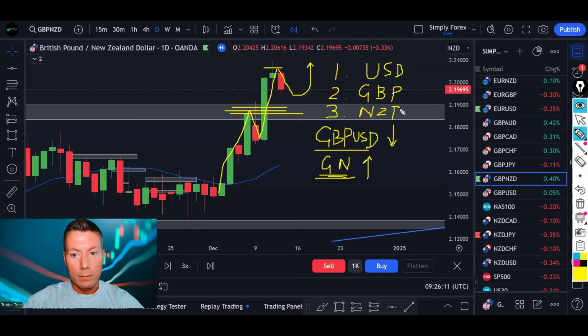That's what these two trades are telling us. And again, that's okay. We can have that. But ideally, I want all pound pairs moving in the same direction.